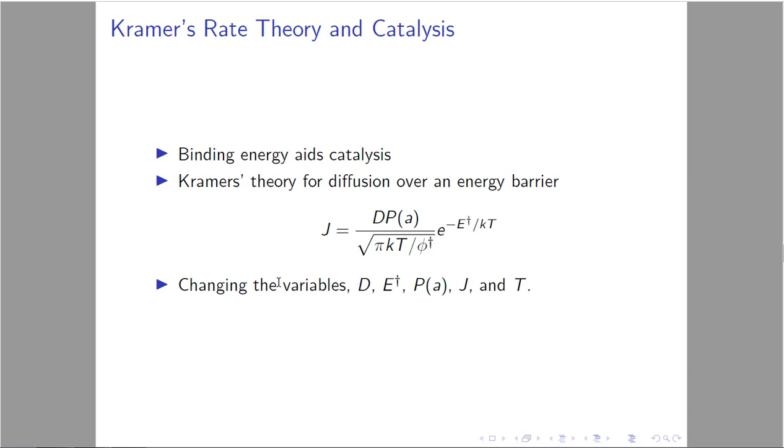So we can change the variables: the diffusion constant, the activation energy, the probability of finding the complex at a point, the flux, and the temperature. So the enzyme can speed up the reaction.